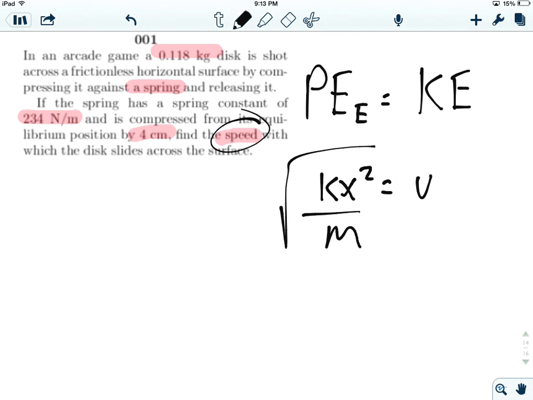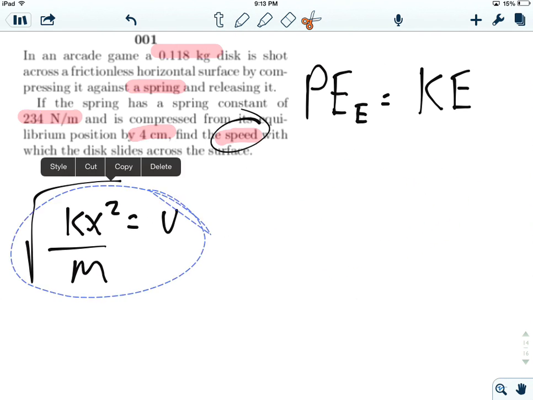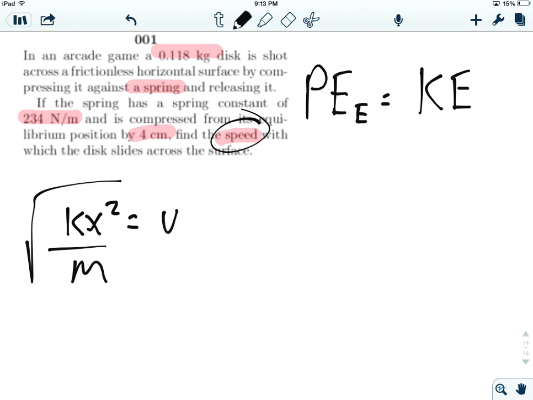Now we go ahead and plug everything in, and we should get something right around, we'll have our velocity equals the square root of our k, which is 234 newton meters, times our x.